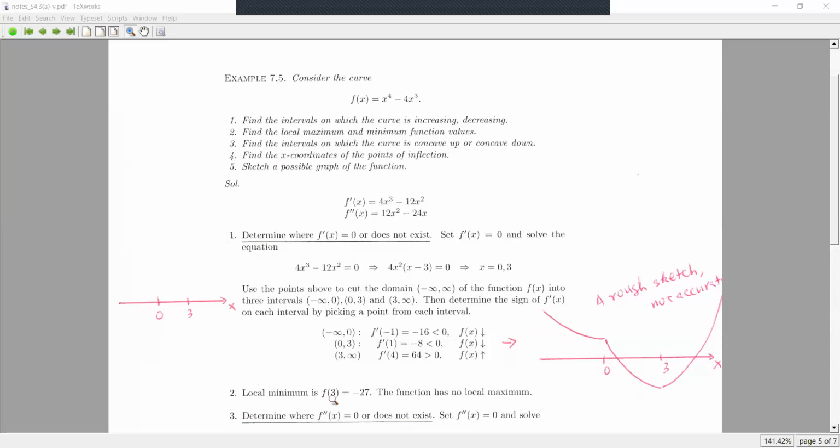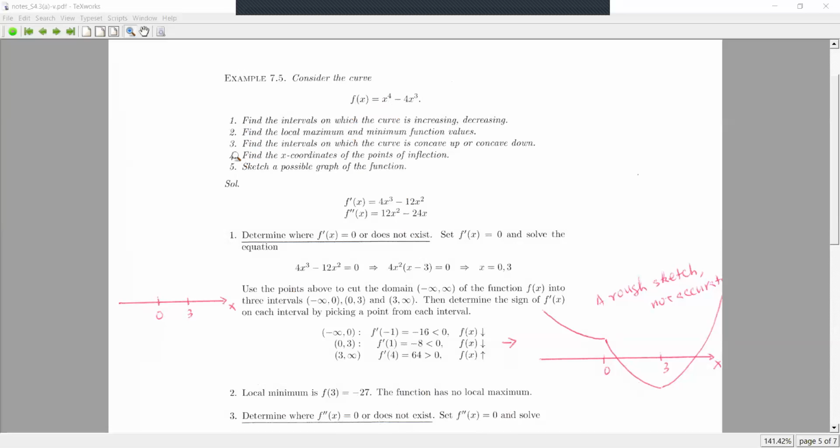Plug the number 3 into the original function: 3 to the 4th minus 4 times 3 to the 3rd, which is negative 27. The function has no local maximum. So this is the answer to the second question.